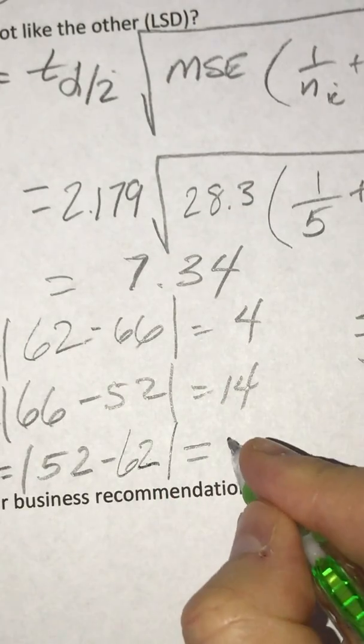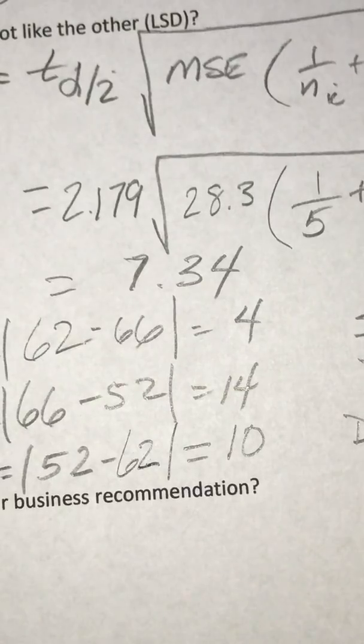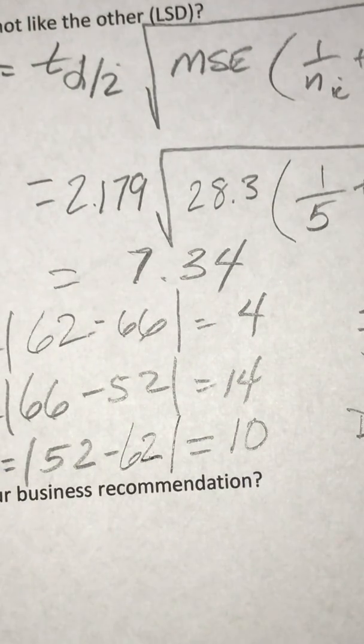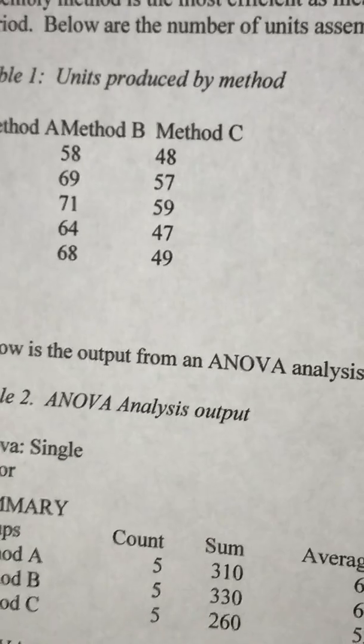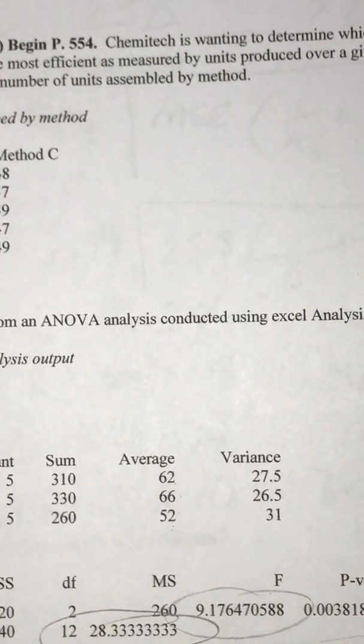And that's equal to 10 on an absolute value basis. So there's a difference there as well. So the true culprit here, or the difference that is occurring, is that method C is the odd man out here, if you will, or odd method out.